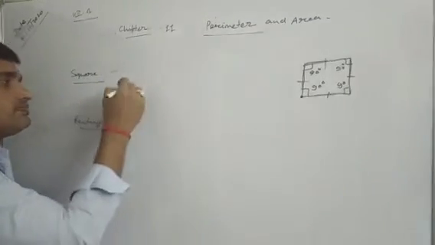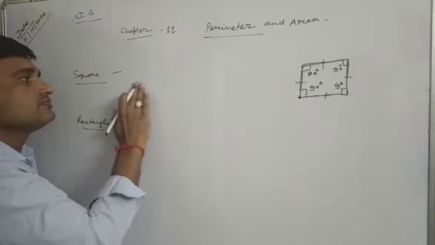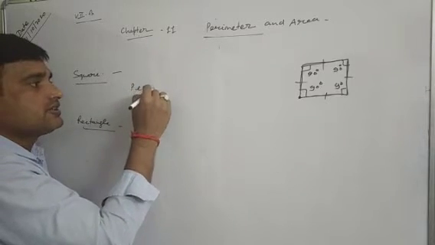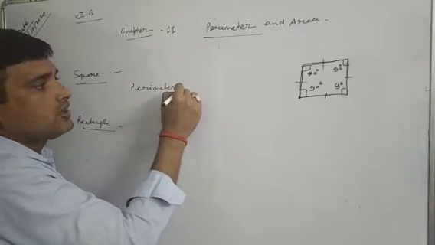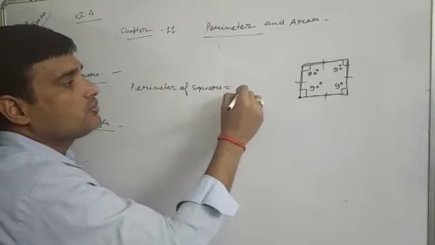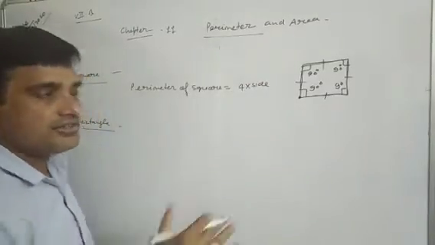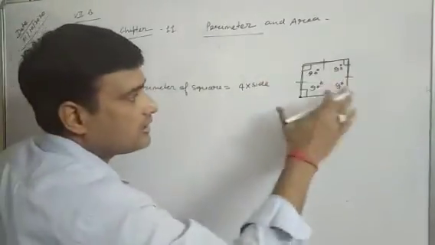For a square, perimeter of square is equal to 4 into side, because all sides of a square are equal.